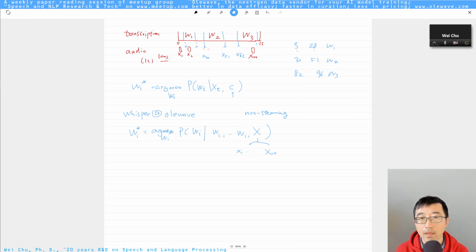But the issue is the condition. I can rewrite this as Wi given W1 to W(i-1) and X, other than xt. These are the conditions we talk about when you're using Whisper to estimate the time boundaries.